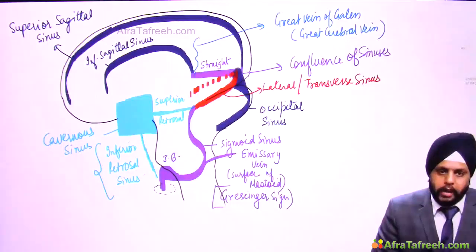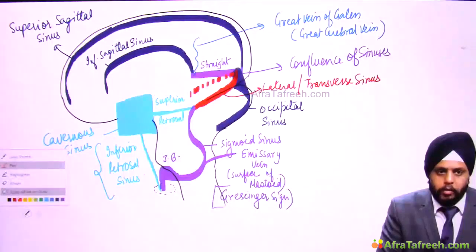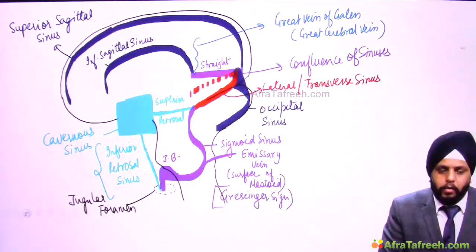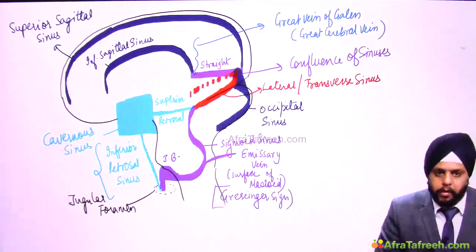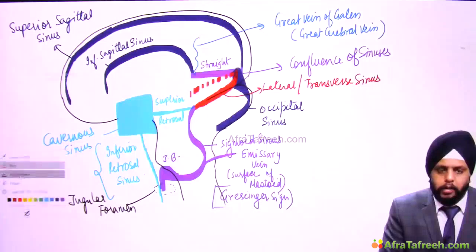They cannot marry inside the cranial cavity, remember? So both of them now run away. They go outside. So where will they go? They go outside this jugular foramen. And once they go out, they get married.